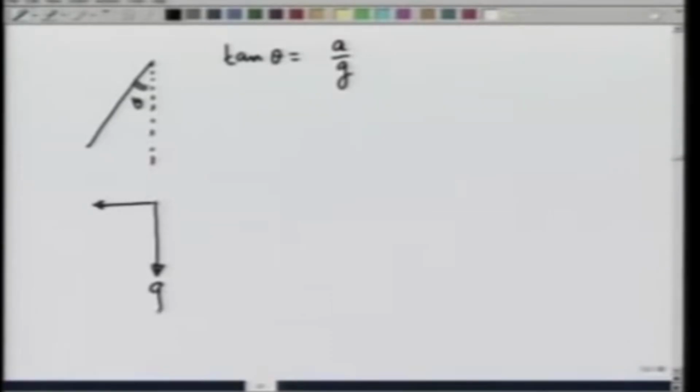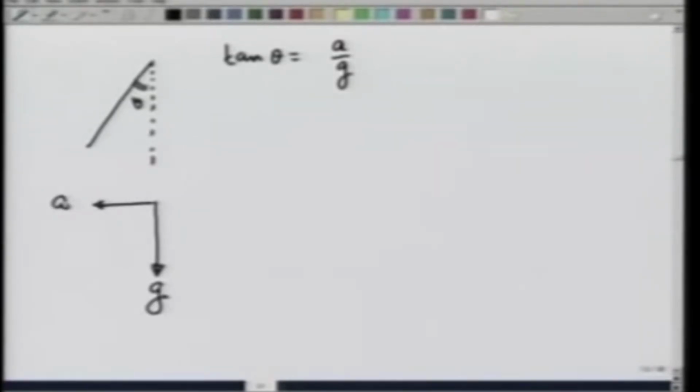As I commented earlier, I can think of the fictitious force in a uniformly accelerating frame as a gravitational force, and this is illustrated beautifully by this example, because now the pendulum is at an angle theta from the vertical, and that tangent theta is given by a by g. If I look at it from the gravitational field point of view, the pendulum is actually in a gravitational field which is the sum of these two gravitational fields, acceleration g this way and acceleration a this way.